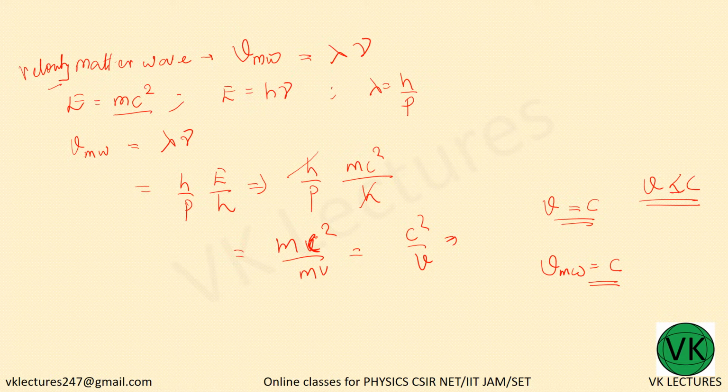The maximum velocity it can have is c. So if v is always less than c, this particular value c square divided by v is always greater than c. c square divided by v is always greater than c. This is the reason why this matter wave has no physical significance.